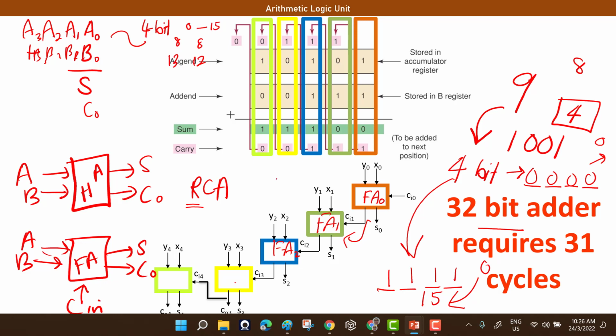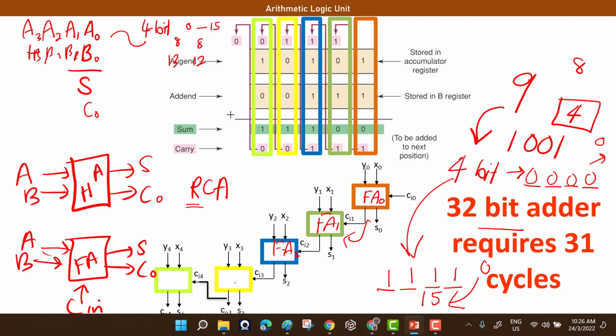It can also be executed by 3 full adders and 1 half adder. Why is that so? Because the least significant bit does not require any carry in, hence it can be executed using only a half adder.